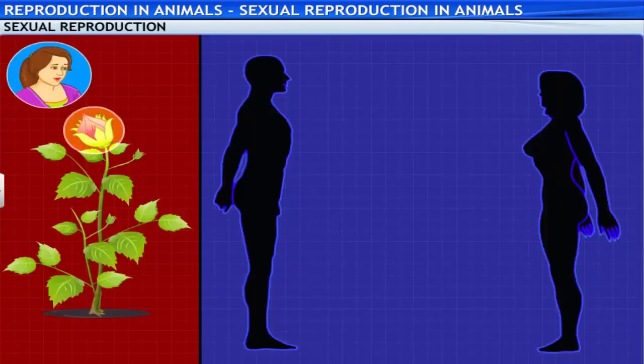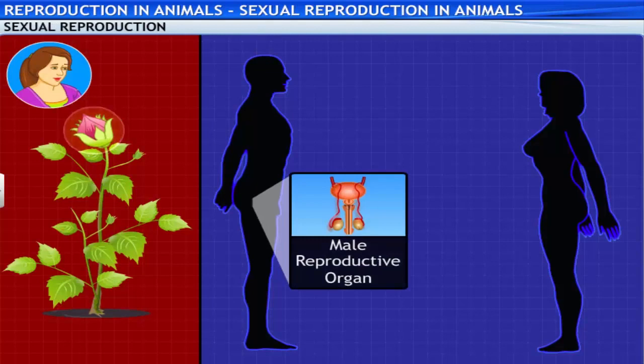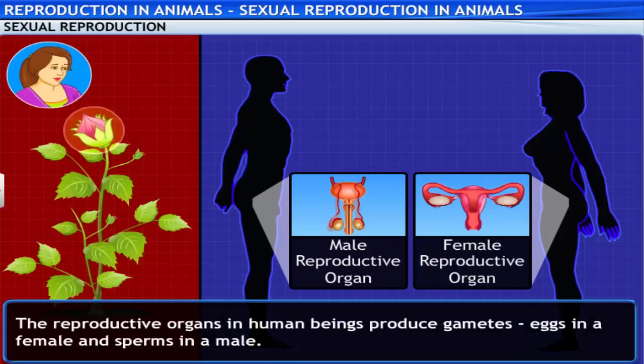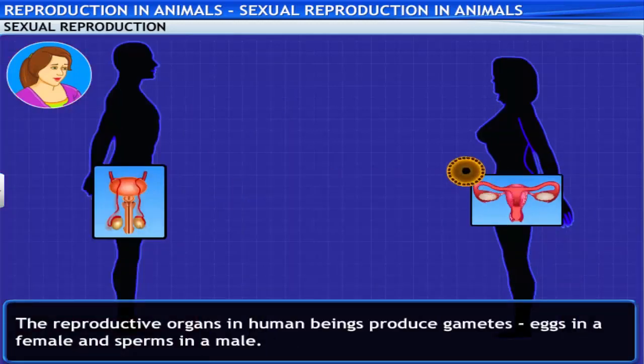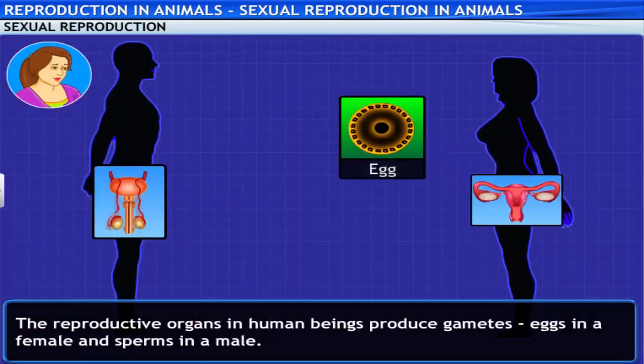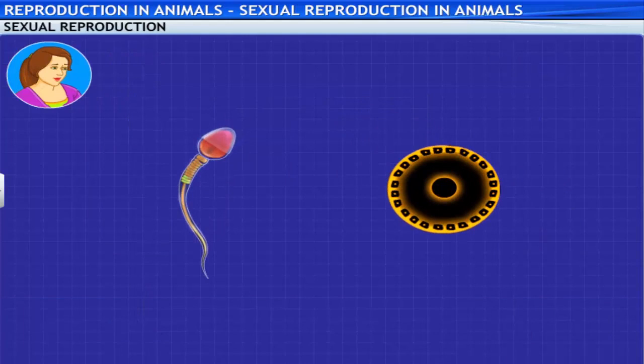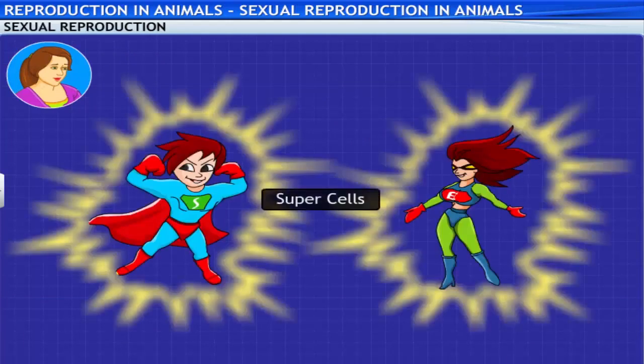Right. Like plants, animals and human beings also have reproductive organs. The reproductive organs in human beings produce gametes, eggs in a female and sperms in a male. Think of these eggs and sperms as supercells that are responsible for starting the reproduction process when they fuse.